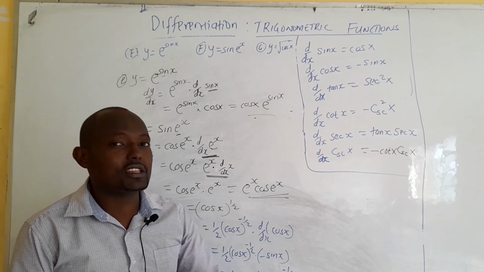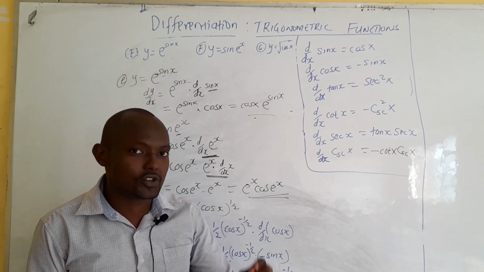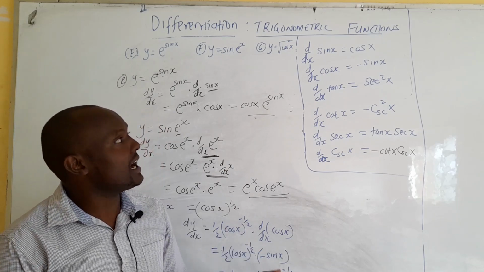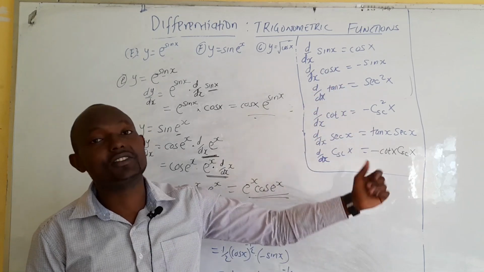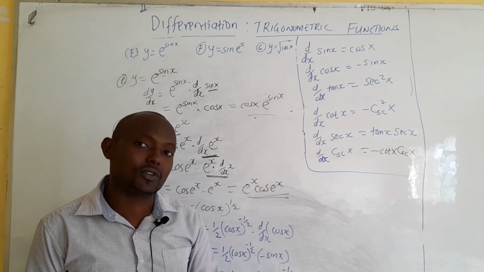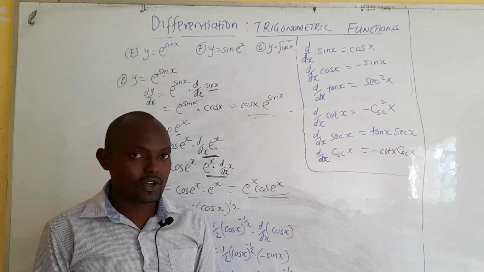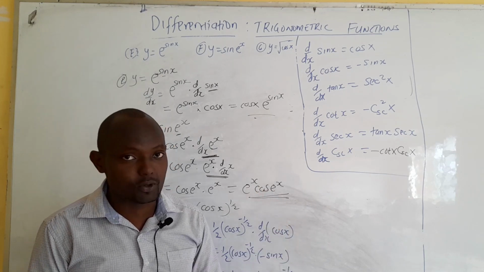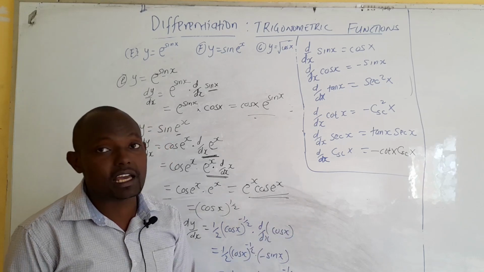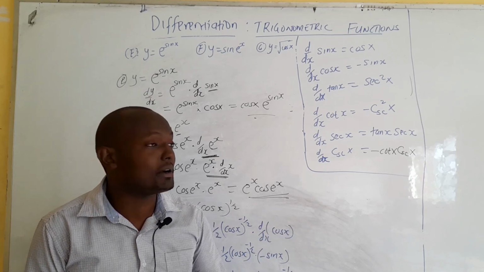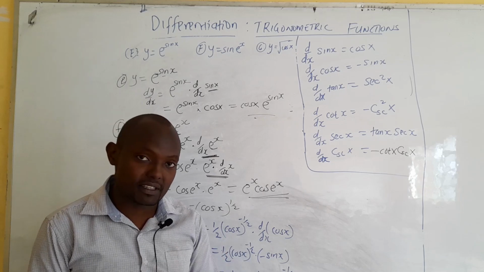So it is good you watch the first video, where you look at the introduction and the rules of differentiation. At the same time, you realize how we solved the derivative using the first principle, and you need to learn more on limits.